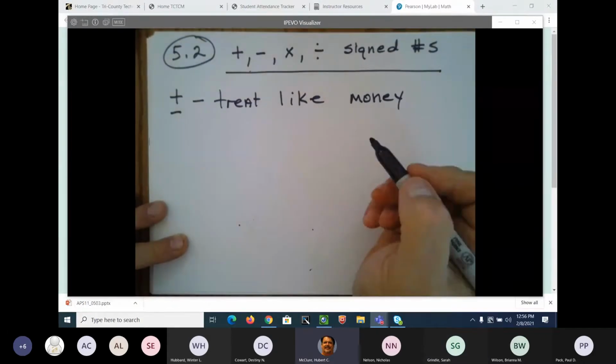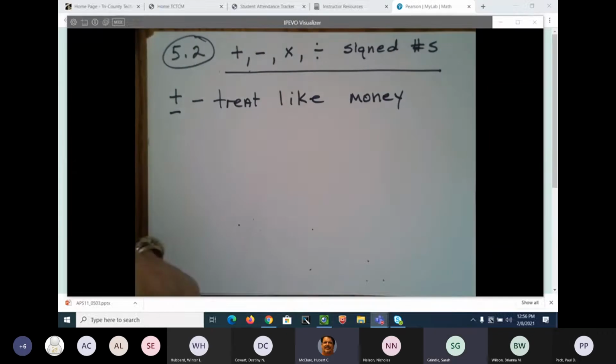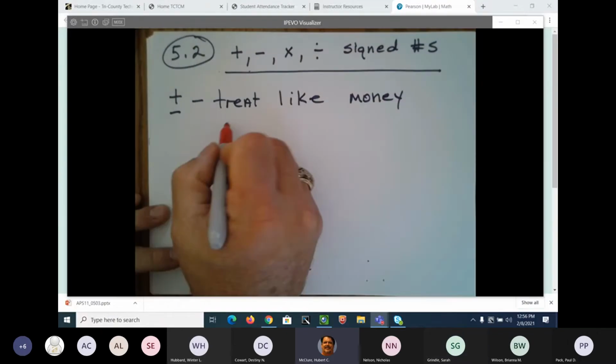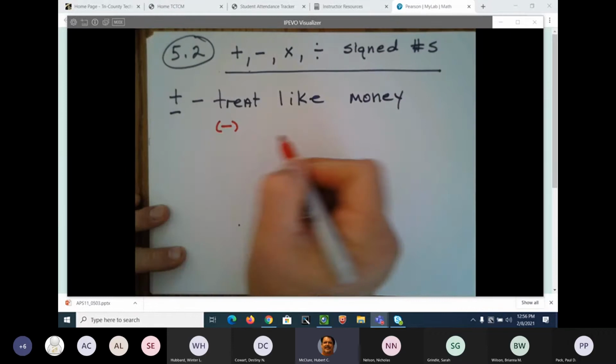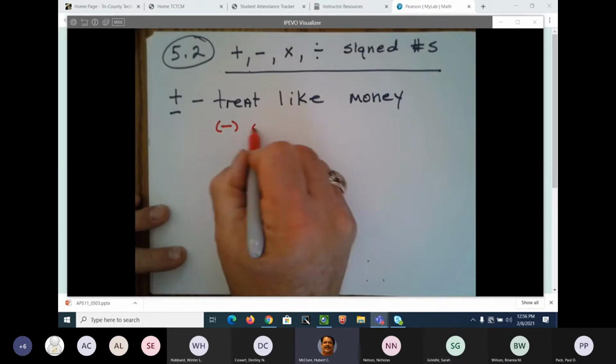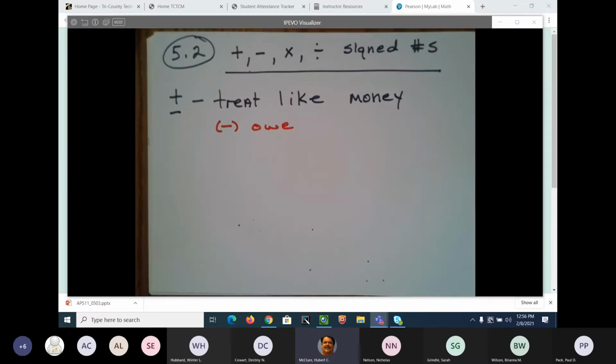All right. So negative, I'm going to do this with animation. Negative means you what? You owe. Positive, got to get green because I want to be animated here.